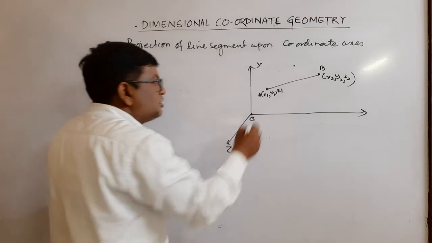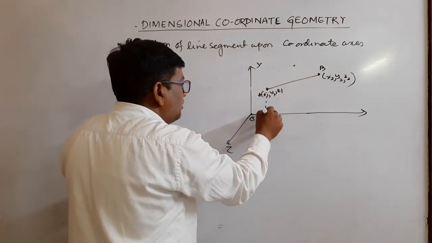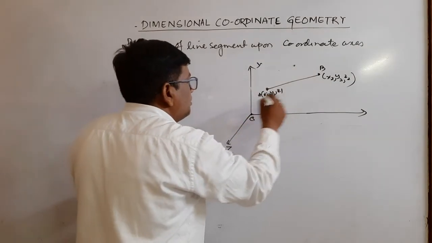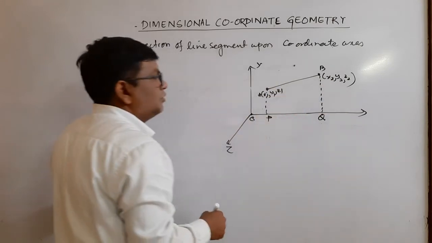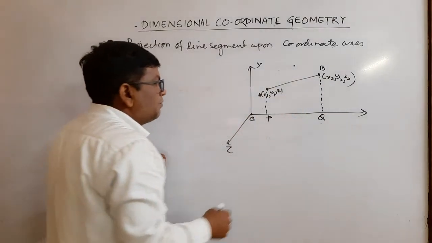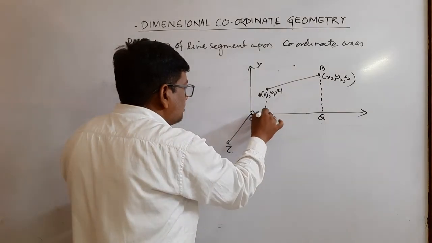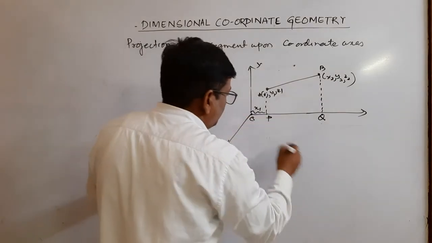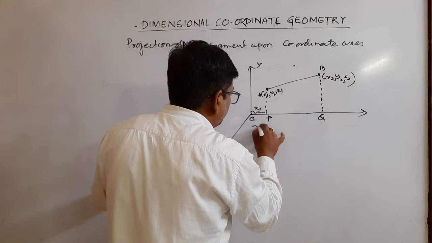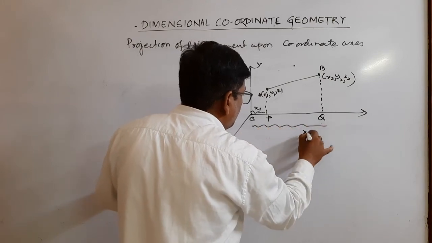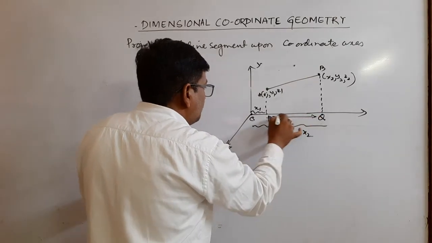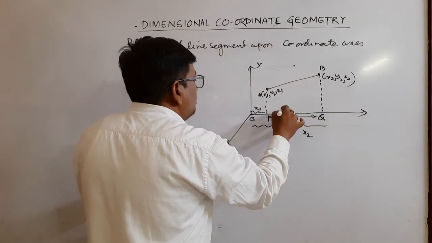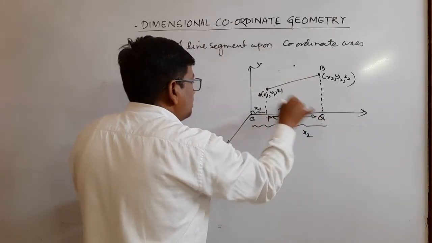Now projection of the line segment on the x-axis means draw a perpendicular here. Suppose this is P, and draw a perpendicular here, suppose this is Q. Now this distance is x1, and the total distance is x2. So the distance PQ is equal to x2 minus x1.